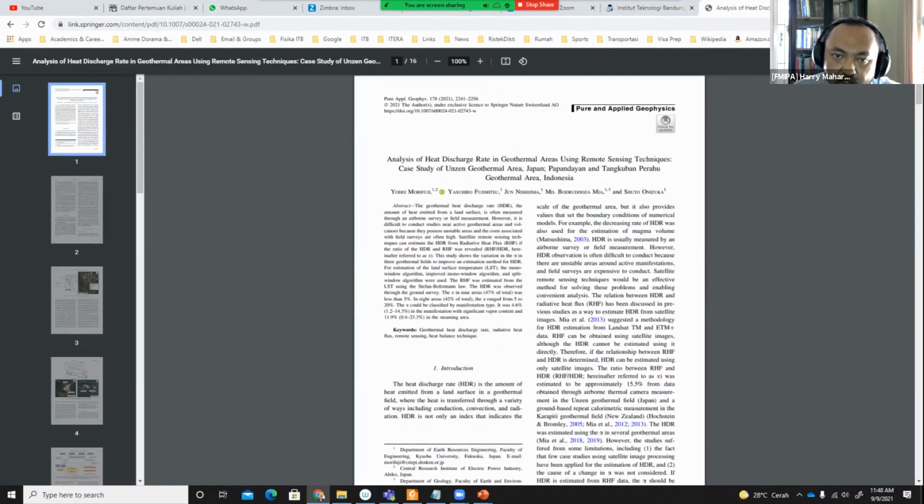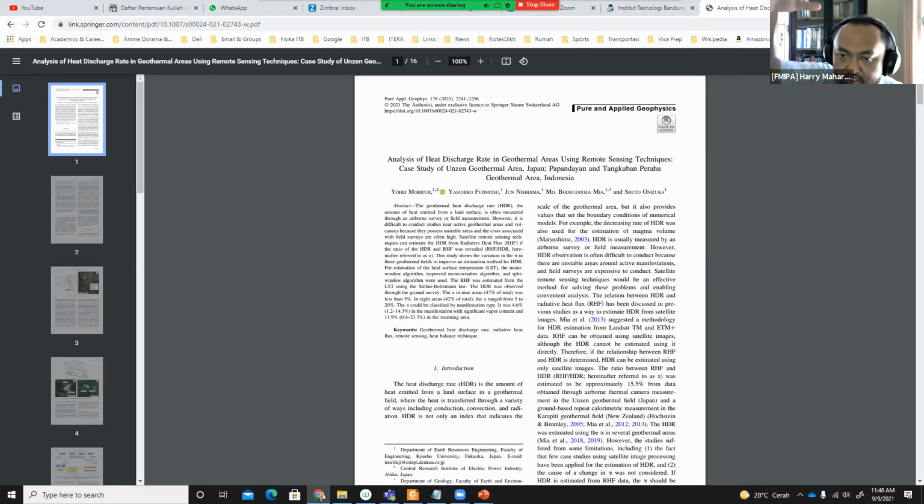Okay, so here we can see that the latest publication related to the Tangkuban Perahu volcano monitoring is coming from this paper, and then they use remote sensing technique.